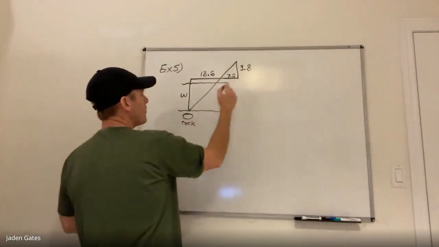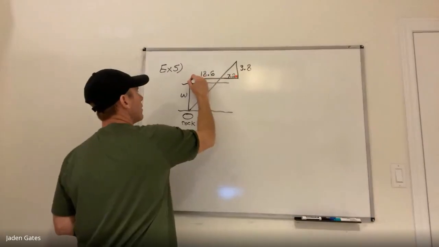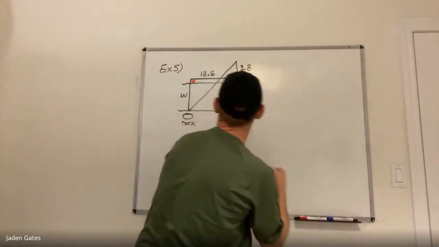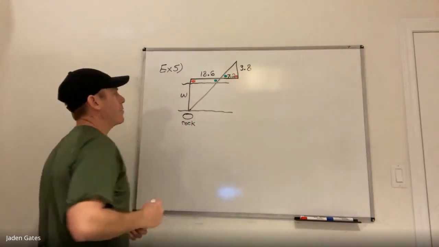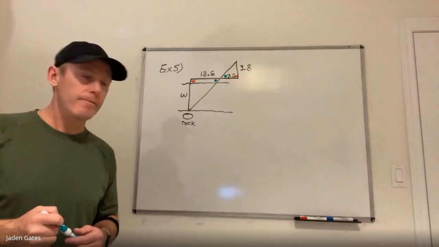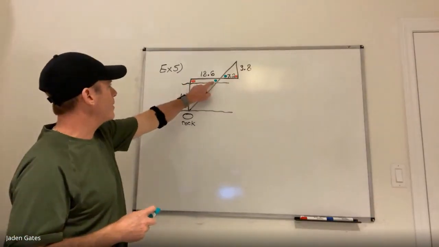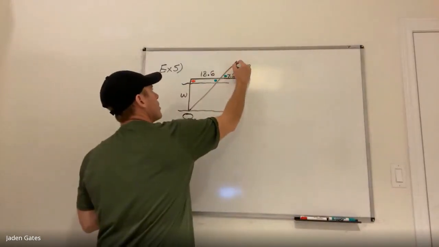So if I look at my red angles here, they're the same. These 2 angles right in here are the same because of the opposite angle theorem from grade 9 math. And if those 2 are the same and those 2 are the same, then our third one must be the same. So I'm going to put that in blue.